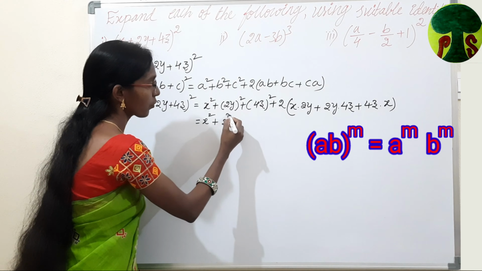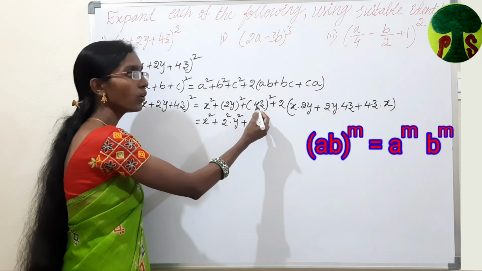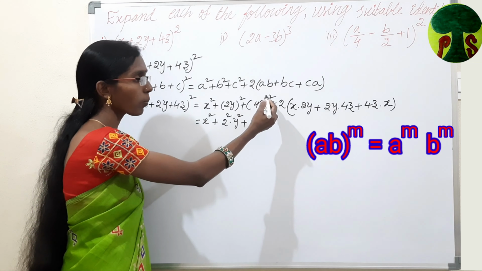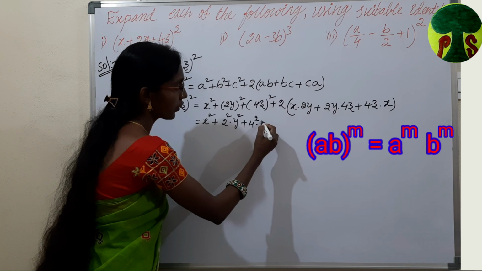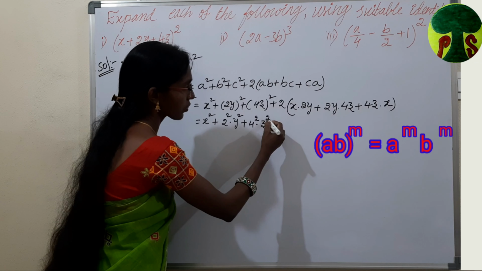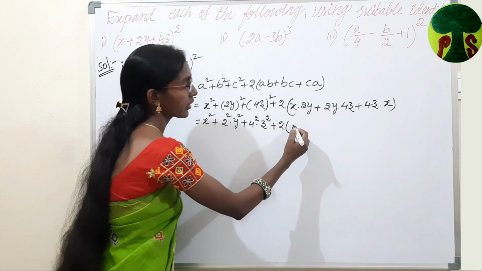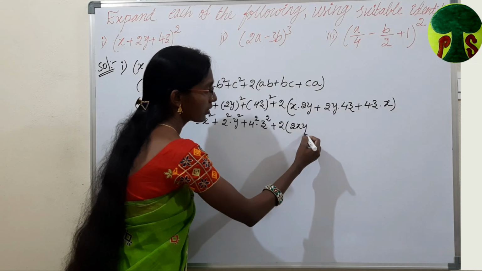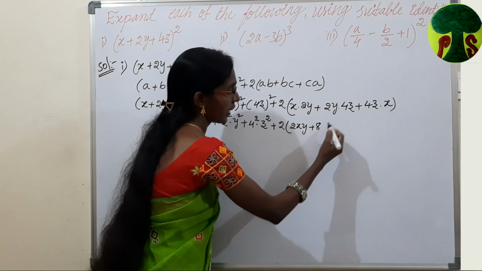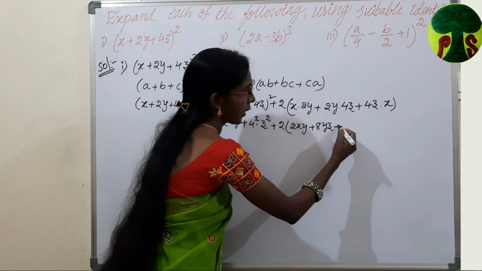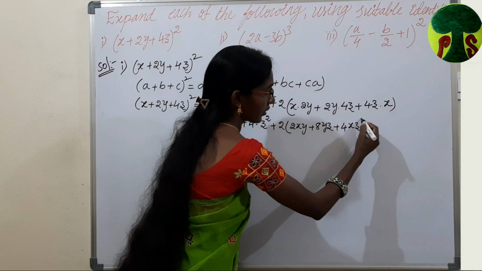That means 2 square into y square plus, this is also in the form of (ab) whole power m, so 4 power 2 into z square plus 2 into x into 2y, 2xy, plus 2 into 4, 8yz, plus 4zx or 4xz.